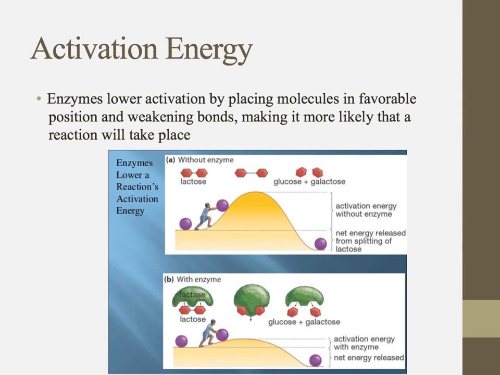Just a quick review from chapter 2.5. How do they do this? Well, they lower activation energy by making sure that molecules are in favorable positions and they weaken bonds in order to make that reaction take place without having to add in so much energy, or energy of activation.